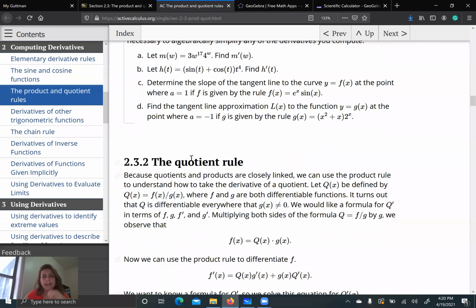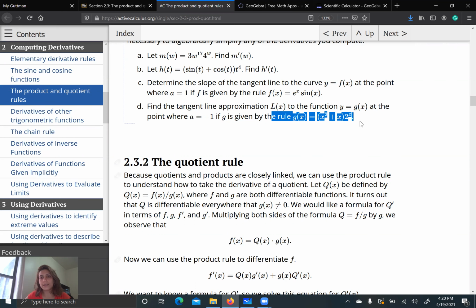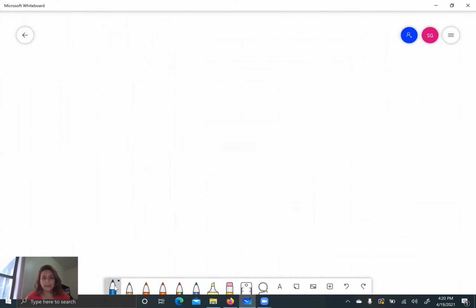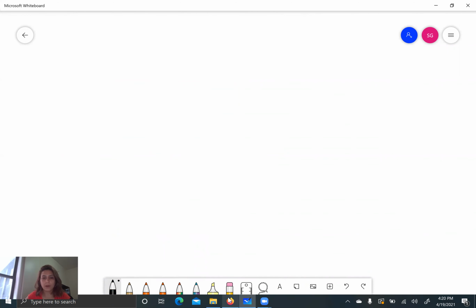Okay, and the last part asks to find the tangent line to this function g at the point -1. This is part D of the activity.